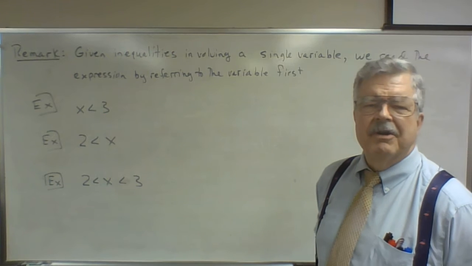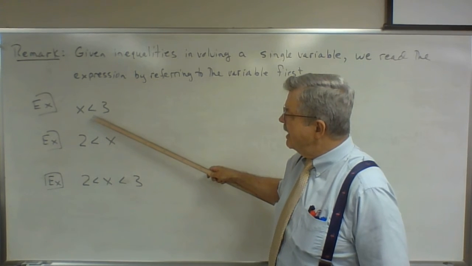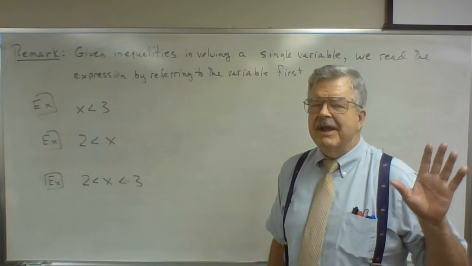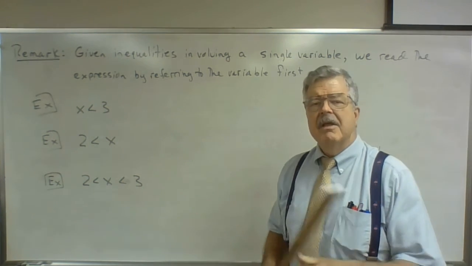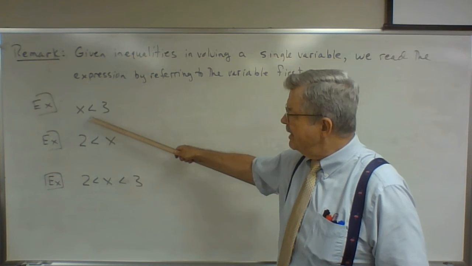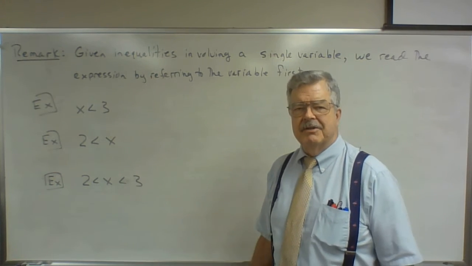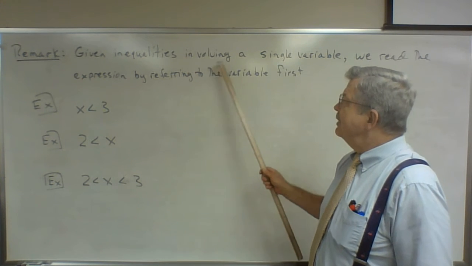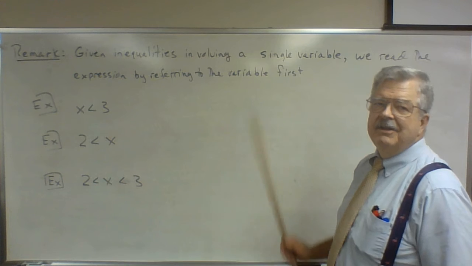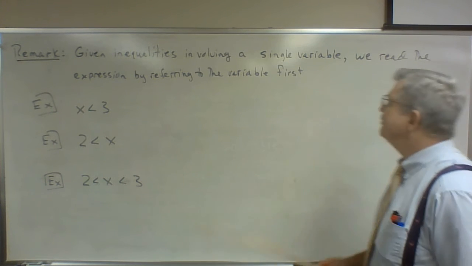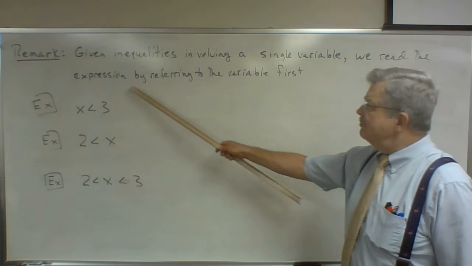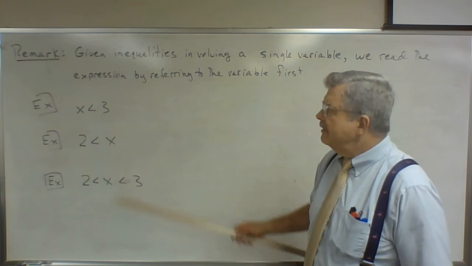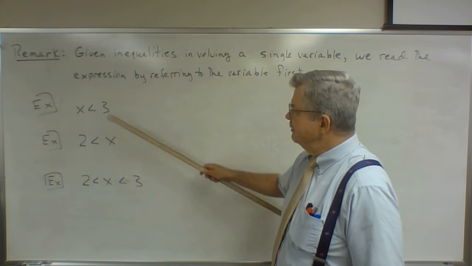As I mentioned earlier, typically we like to have the inequality signs pointing to the left. It's not incorrect if they point in the other direction, but typically we like to have them pointing to the left. But when we have inequalities involving a single variable like x, we read the expression by referring to the variable first.